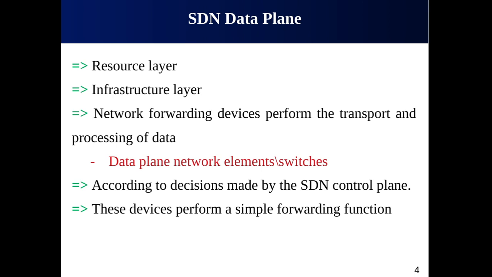So the important characteristic of the network devices in an SDN network is that these devices perform a simple forwarding function, and these devices do not have embedded software to make autonomous decisions. And that is the beauty of SDN.